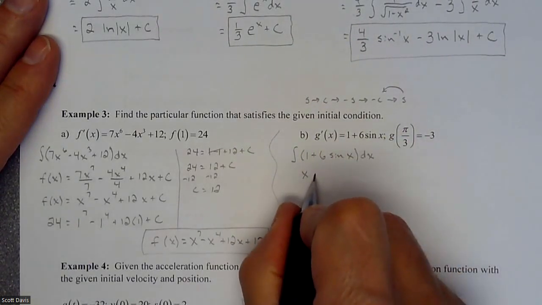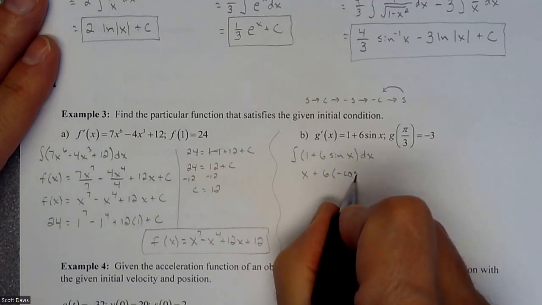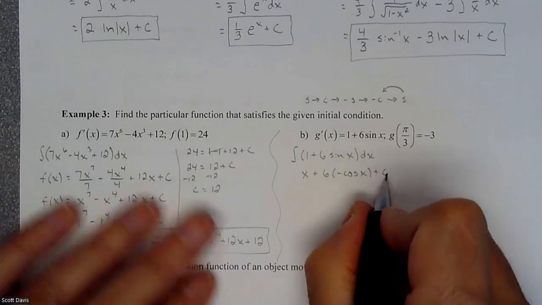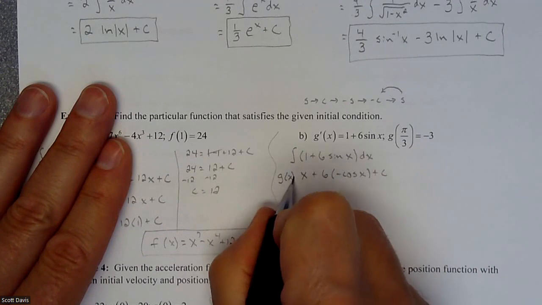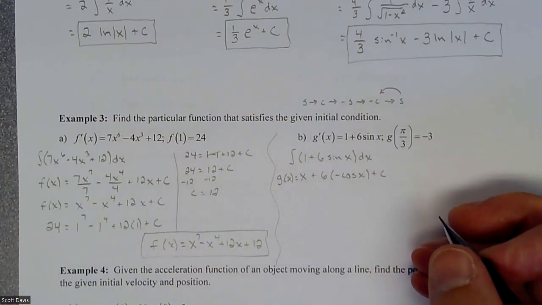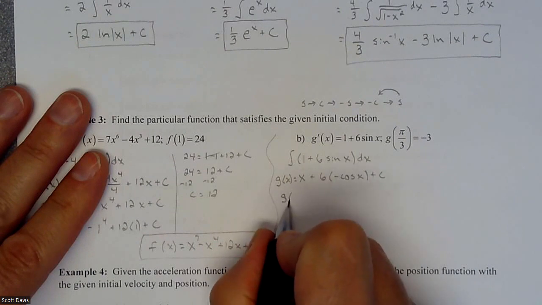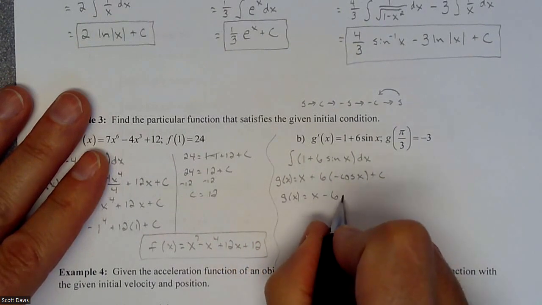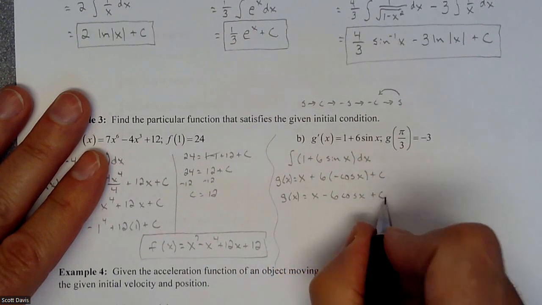So that's going to be plus 6 times negative cosine x, and then plus c. So that is our original function. If we clean that up just a smidge, we'll have x minus 6 cosine x plus c.